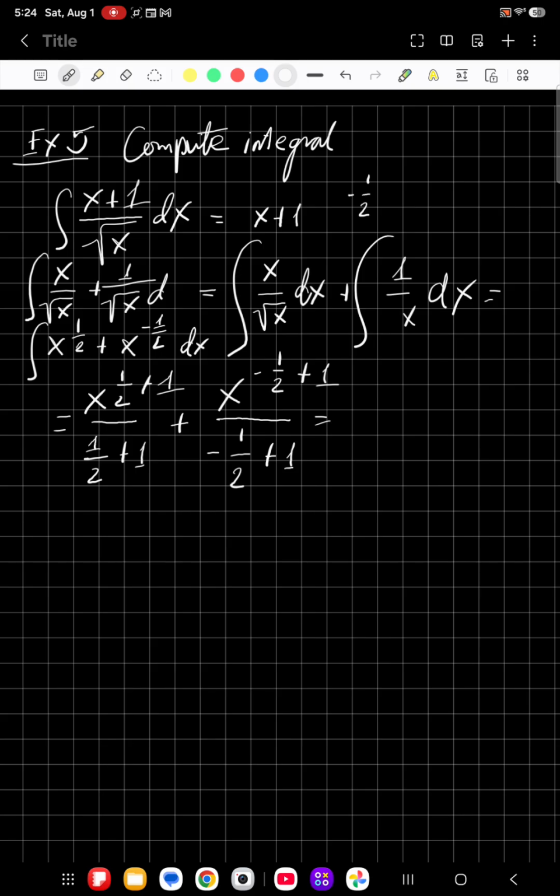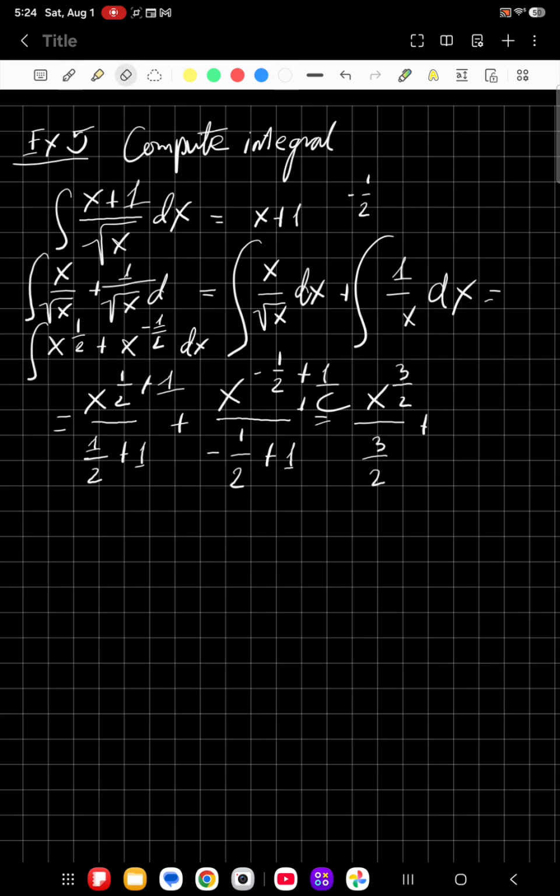Okay, so now we just have fractions. So this is x to 1 plus half, which is 3 over 2. And here 1 plus half is 3 over 2. The other one, is that plus c also, right?